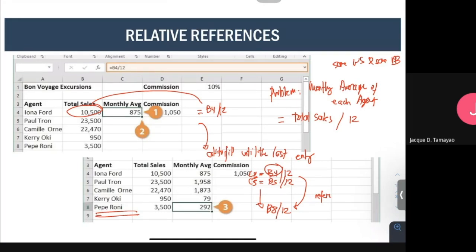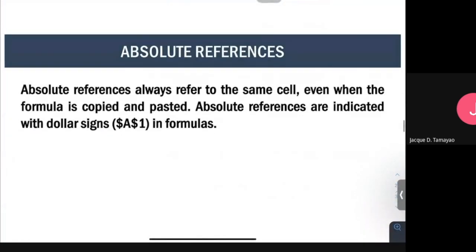Next, we have the absolute reference. What is an absolute reference? If a relative reference changes, an absolute reference is fixed. This is denoted with dollar signs.